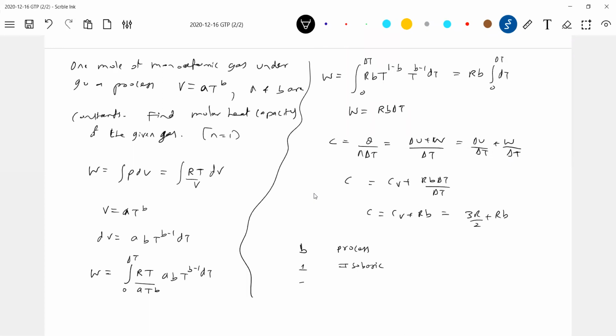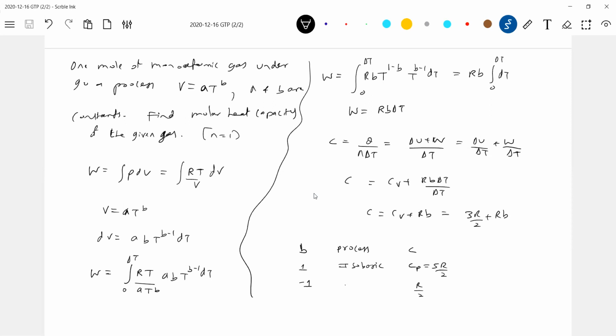So let it be equal to 1. What is the molar capacity? It will be Cp, which is equal to how much? 5R by 2. Monoatomic gas, what is the value of Cp? 5R by 2. If B equal to minus 1, okay, let me put B equal to minus 1. How much will it become? R by 2. So can you say anything about the process?